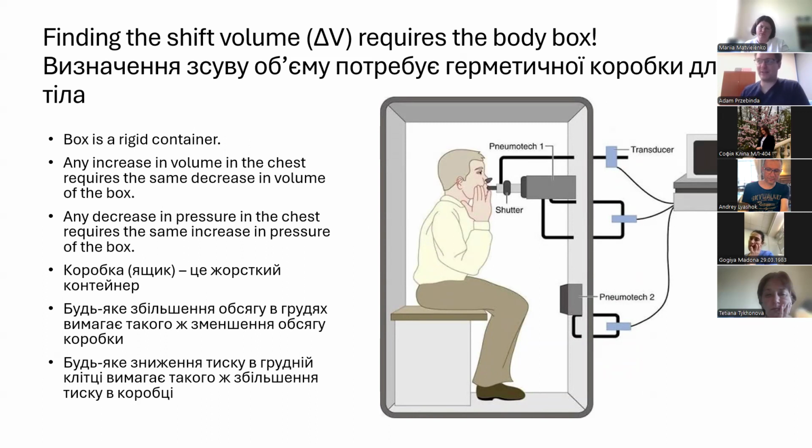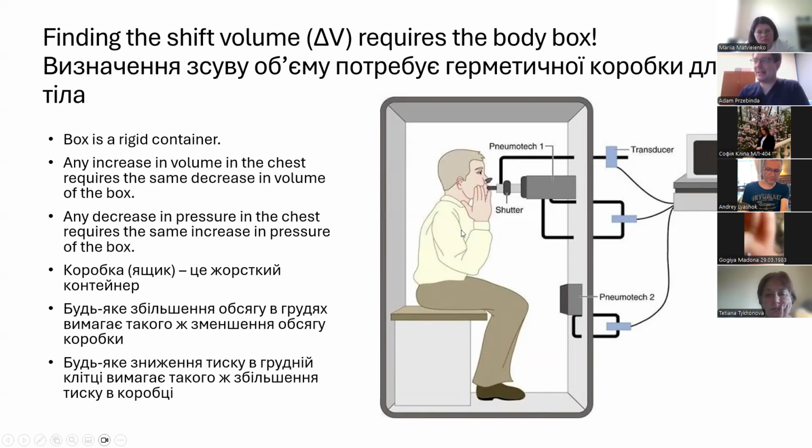So before this box really didn't play a role, right? But now if you put someone in the body box, I'll summarize it and say that measuring the pressure change in the box will tell us what the change in volume of the lung is. But I'll show you how that works. So the box is a rigid container.